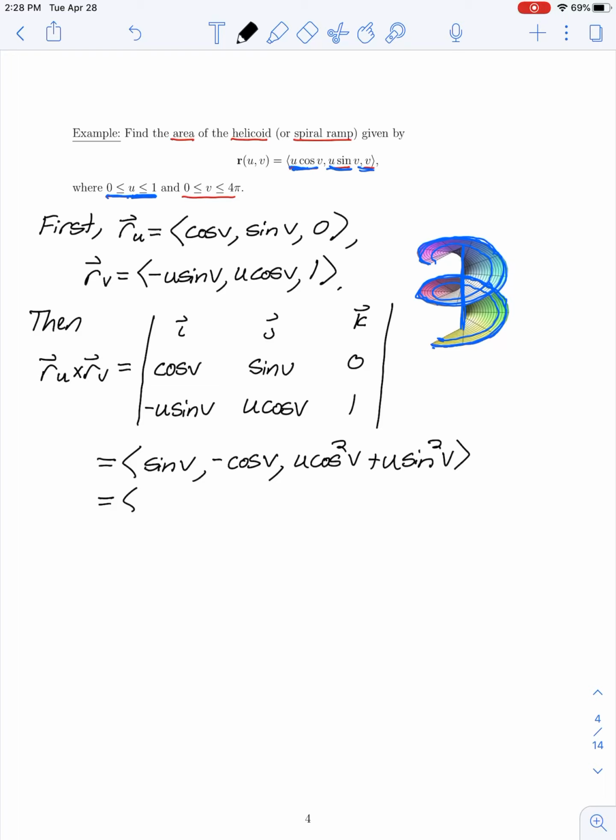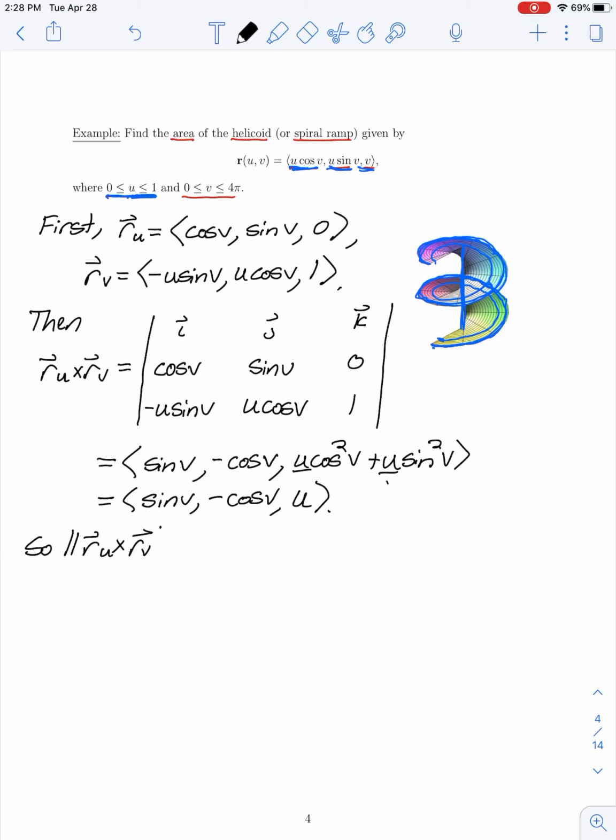So simplifying that last component, we have sine v, negative cosine v, and then if we factor out a u from that last component, we have the sum of sine and cosine squared, which is 1, so we have u times 1 for that last component. All right. Now we need to find the magnitude of that cross product.